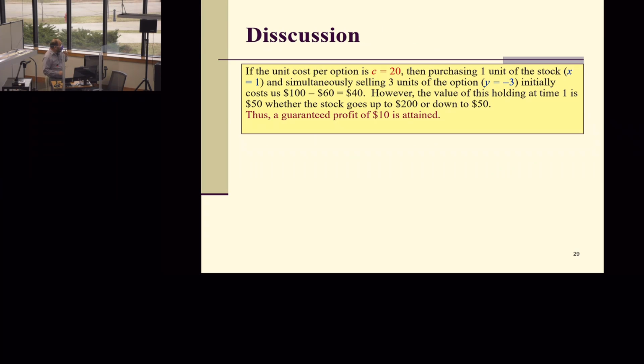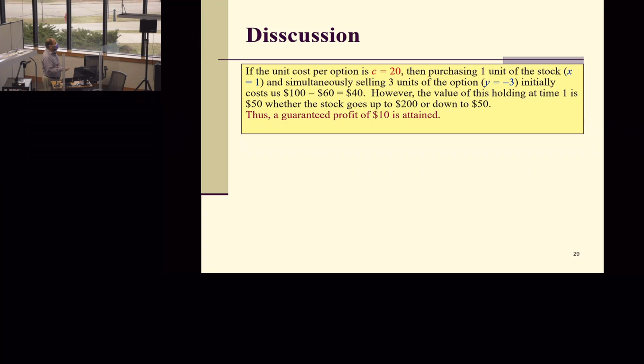In the discussion we have, first, if the unit cost of c equals 20, then 3c equals what? 60, correct? Minus 50 will be positive 10. Make sense? So if I want to maintain a positive profit, or gain, at the end, I'm going to purchase 1 share of stock, just for example, then sell 3 units of options, so negative 3.